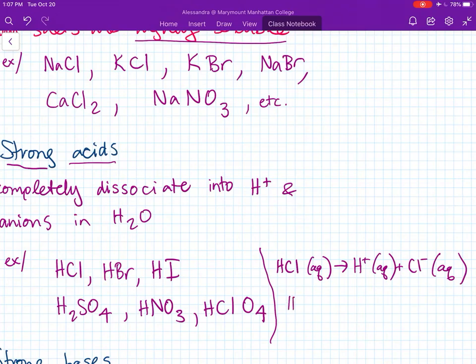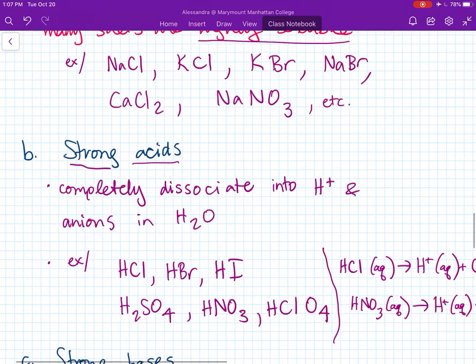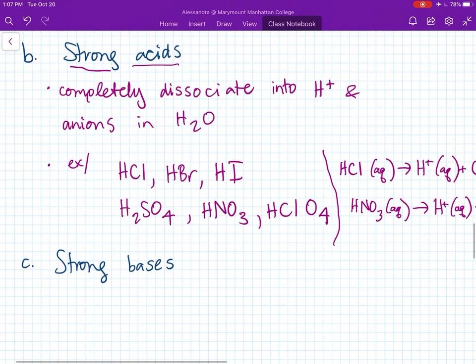The same goes for any of these other ones. Let's take, for example, nitric acid. If you put nitric acid in water, it completely breaks apart into H+ and nitrate. So lots of charged ions floating around in the water means that you're going to have a highly conductive solution. So strong acids make strong electrolytes, really good conductors.